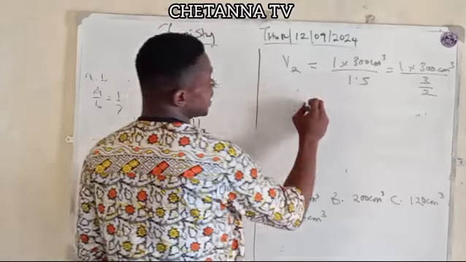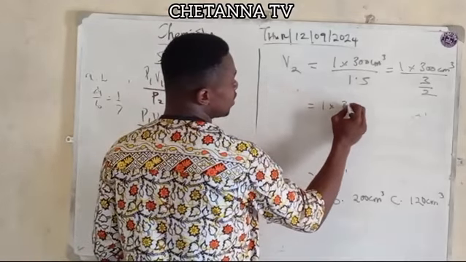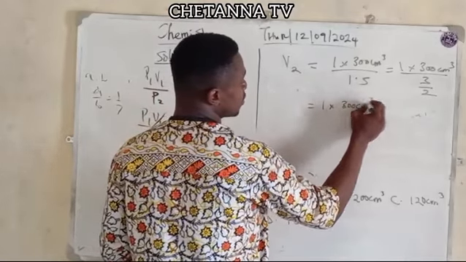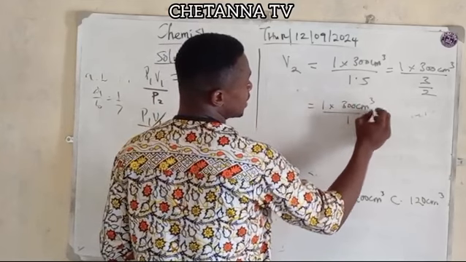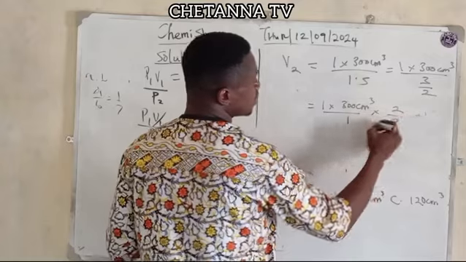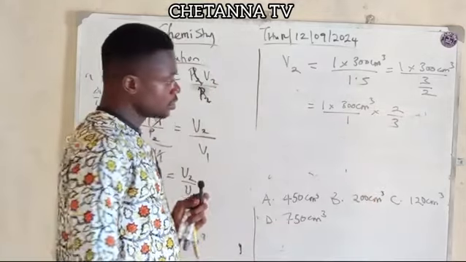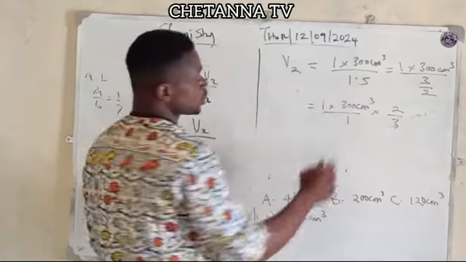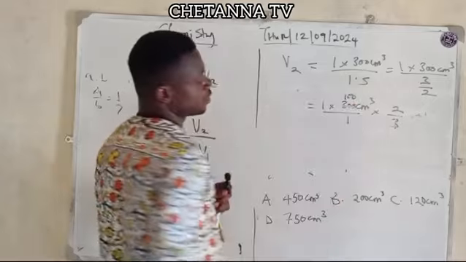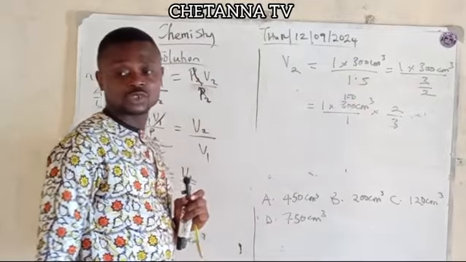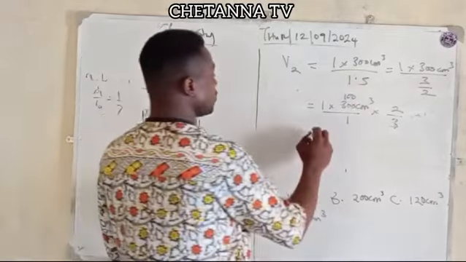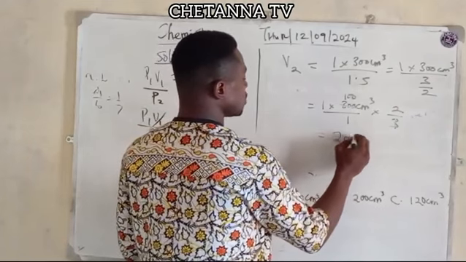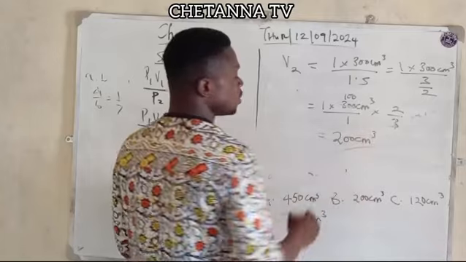So this is 1 times 300 cm cube over 1 times 2 over 3. So 3 will divide 300, we have what? 100. So 100 cm cube times 2 is what? 200 cm cube. So the answer is 200 cm cube.